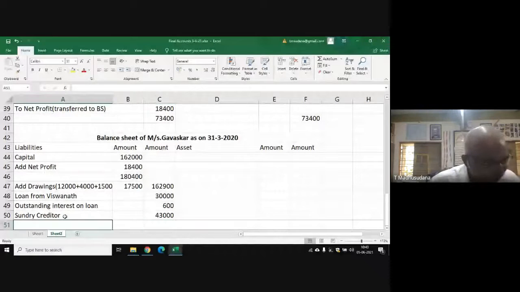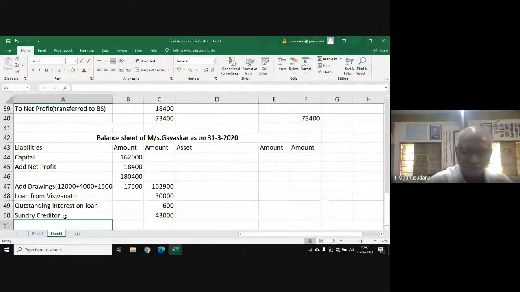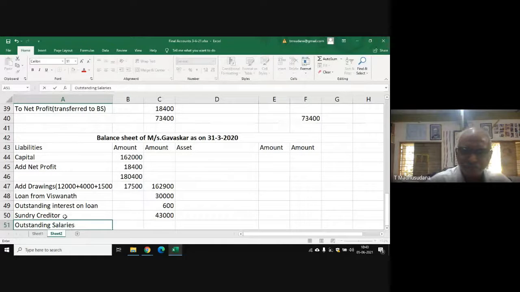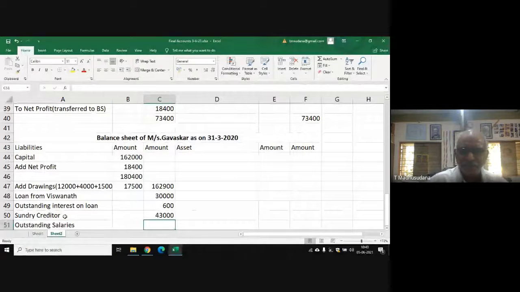Next, outstanding liabilities. That is the outstanding salaries. Outstanding means expenses to be paid. Expenses to be paid is a liability, no?